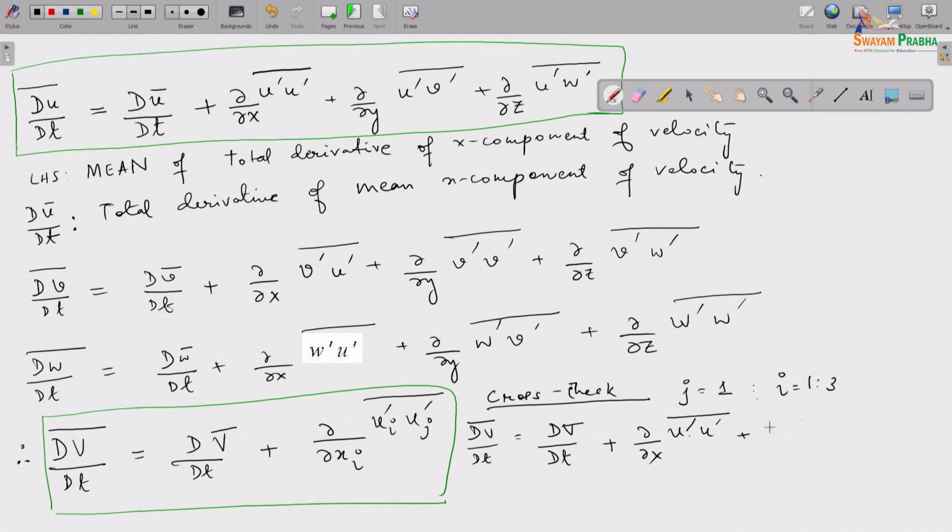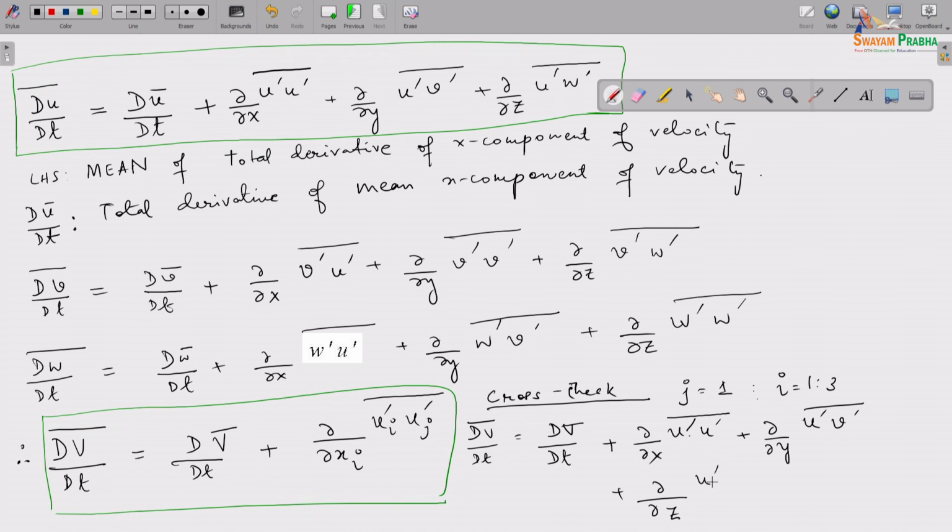Okay. Then again i is equal to 2. So, del del y, okay. Then u will go from, because j is 1, so that will remain, which is u dash, and i again will become 2, which is v dash, which is this, right, plus x 3 is this, again j is equal to 1.